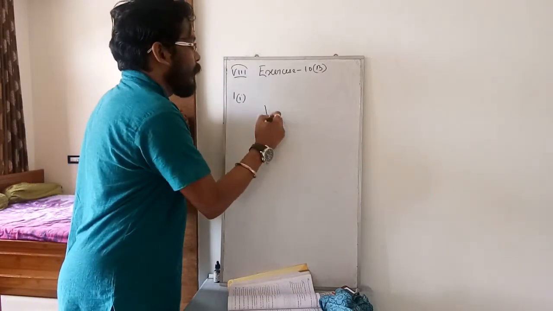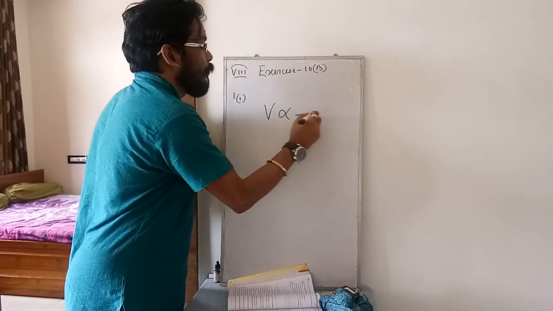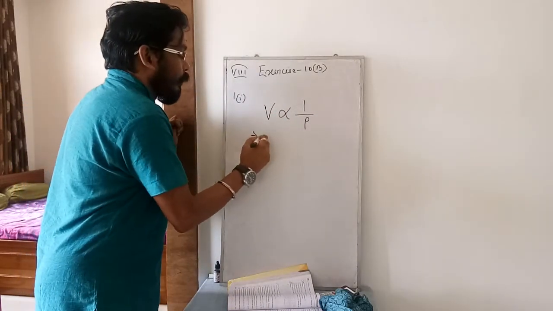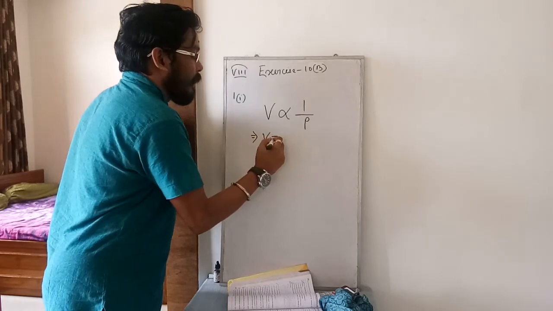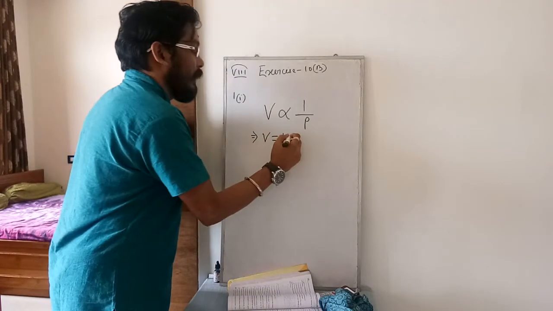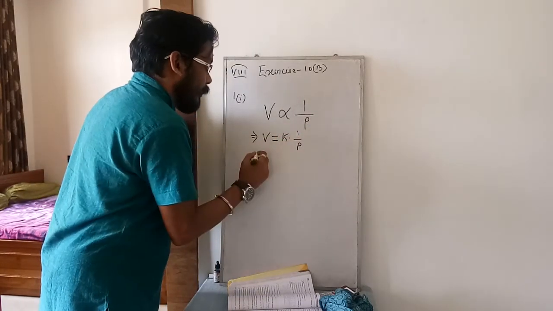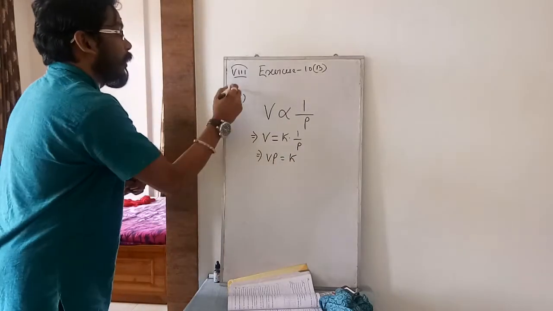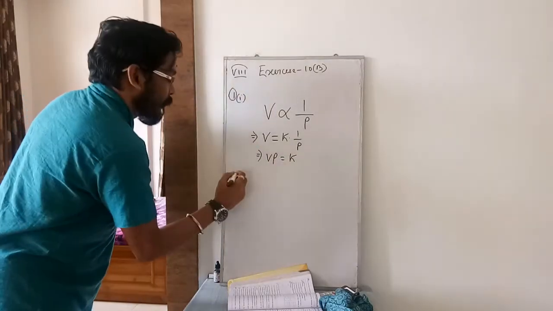So how will you write? Volume inversely proportional to pressure, V proportional 1 by P. If you replace the proportional sign by equal to a constant k, 1 by P, cross multiply it, VP equals k. This is 1 Roman 1, exercise 10B.